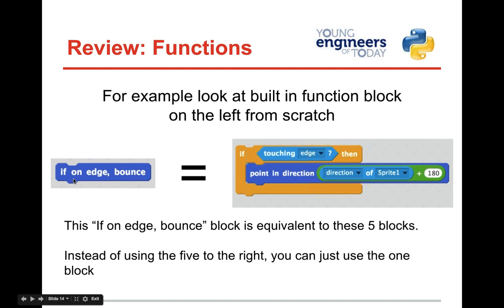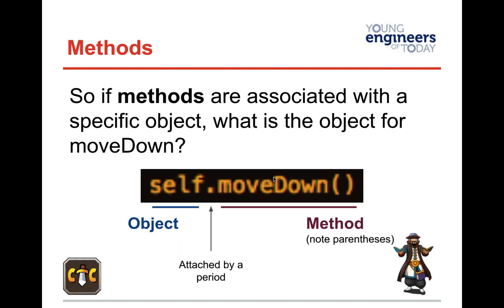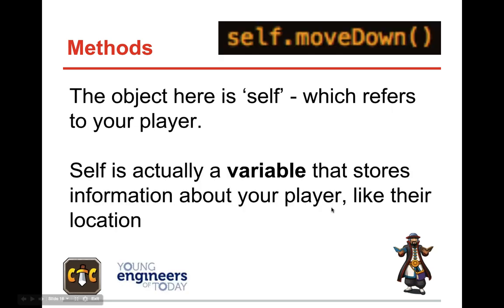It reduces the number of blocks you need to use. Essentially, someone at Scratch at MIT made a block that means the same thing as all of these blocks. That's how you use functions. Essentially, this function, move down, is the name for a sequence of code that's behind the scenes of this computer game that we don't really get to see that makes your little character move down.